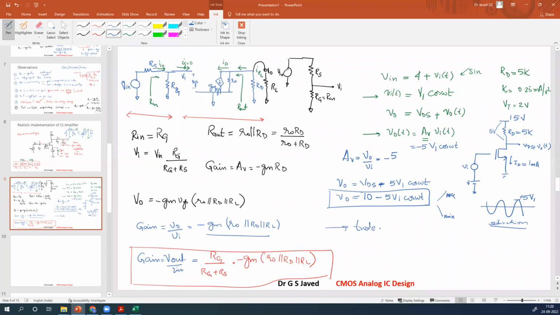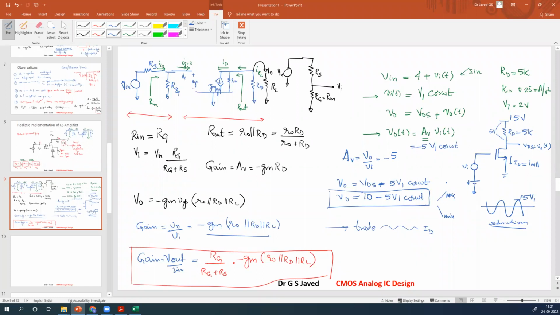So you will have some other value as ID. So your VDS will constantly keep changing. So if the total output voltage becomes very small, then the MOSFET will be in triode. If the total input voltage becomes too large, then the MOSFET will enter cutoff.